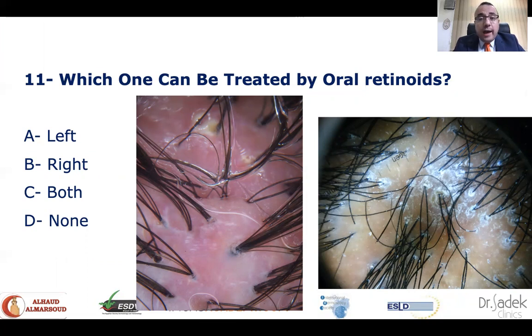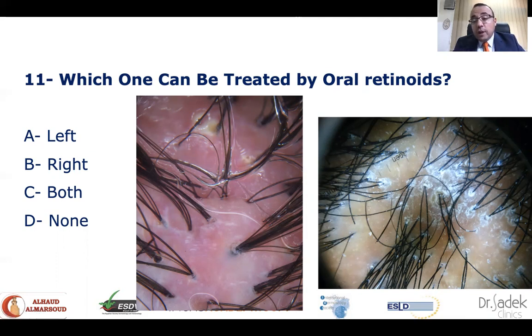Okay, to reach the answer, we have to know the diagnosis. The one on the left is a case of folliculitis decalvans as described a bit earlier. And the one on the right is a case of lichen planopilaris, known by this cicatrization all over there, this follicular scaling, even this peritubular cast that's surrounding the hair shaft.